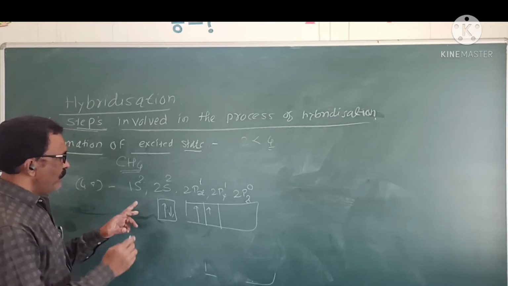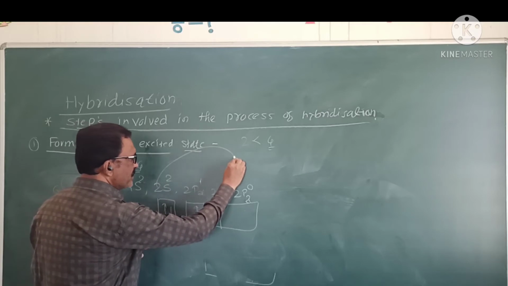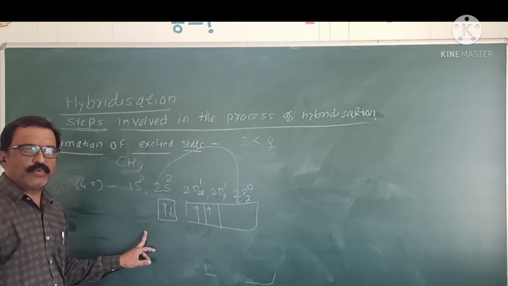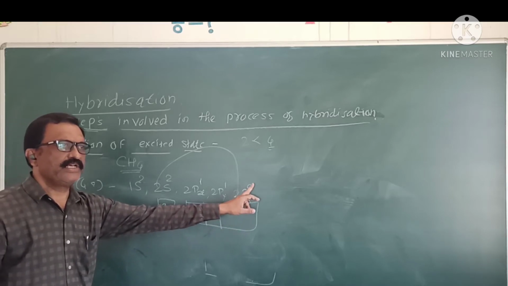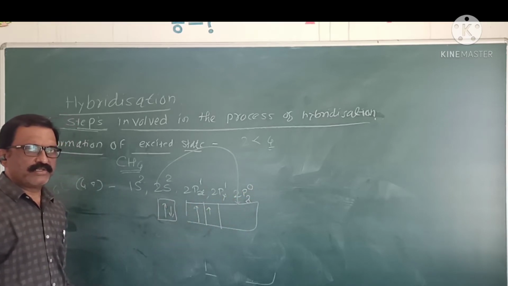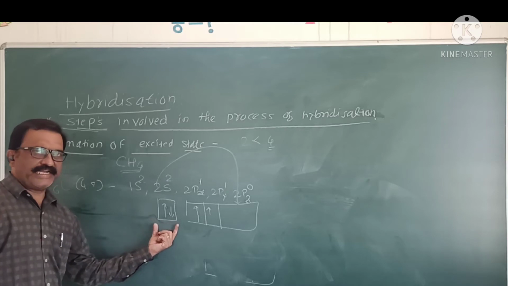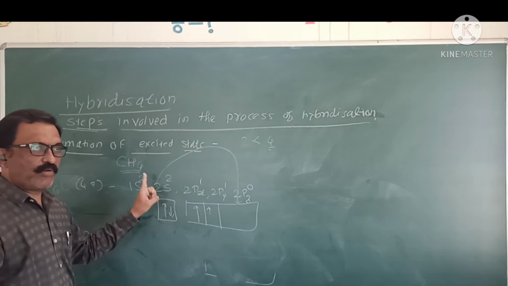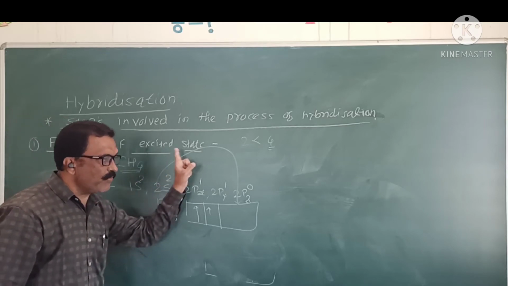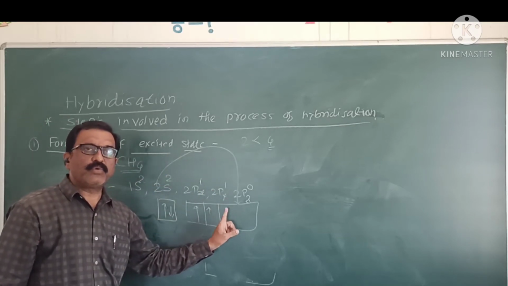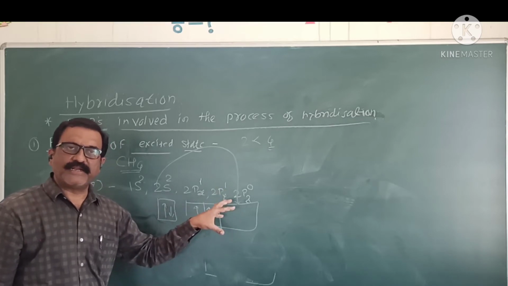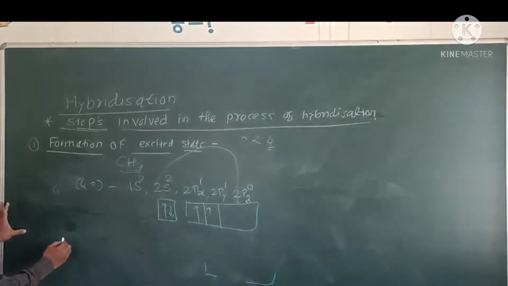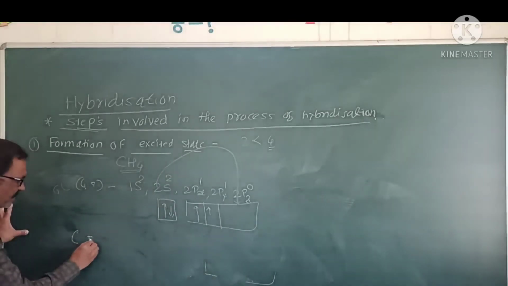Hence, one 2s electron, from the lower energy level, is promoted into the vacant 2pz orbital having slightly higher energy.